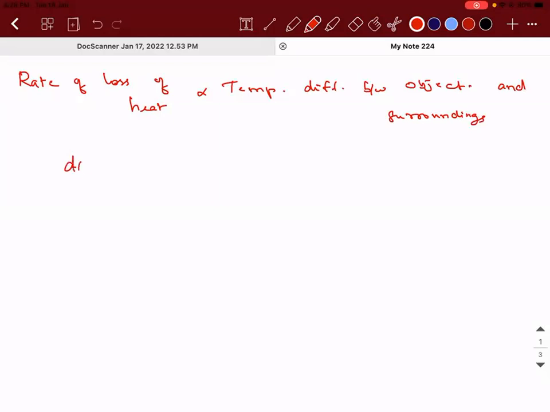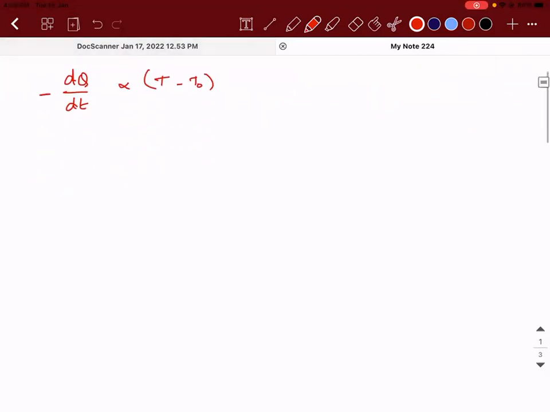So having this in mind, what can I write? dq by dt is the rate of heat. If I put a minus sign here, what does it indicate? It is losing heat to the surroundings. It is observed to be directly proportional to T minus T naught, where T is the temperature of the object and T naught is the temperature of the surroundings.